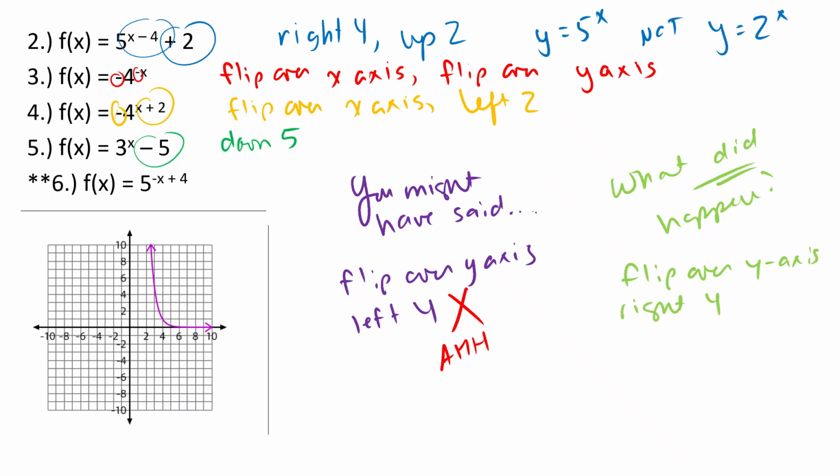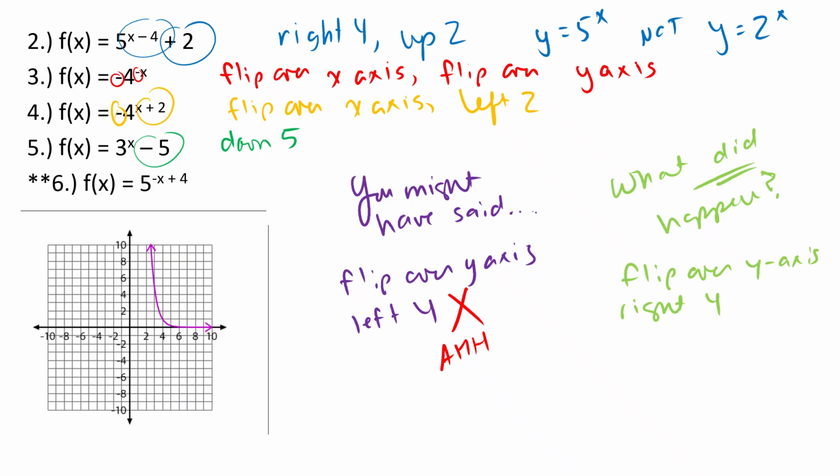Now, there's a lot of ways that a teacher could explain this. That's supposed to be a question mark. There we go. Could explain this as an order of operations thing. So you're going left 4 and then you're flipping over the y-axis.